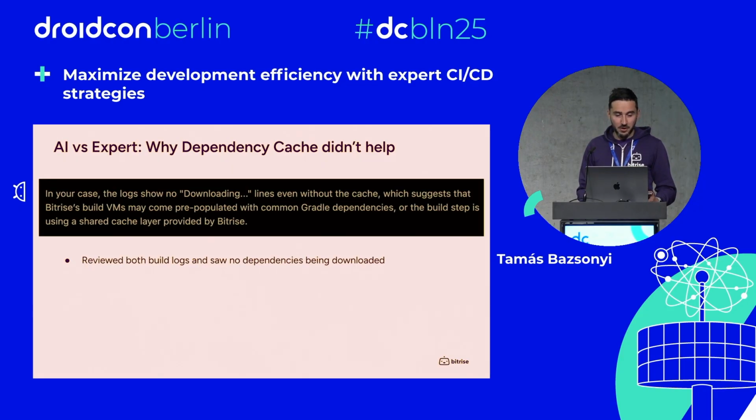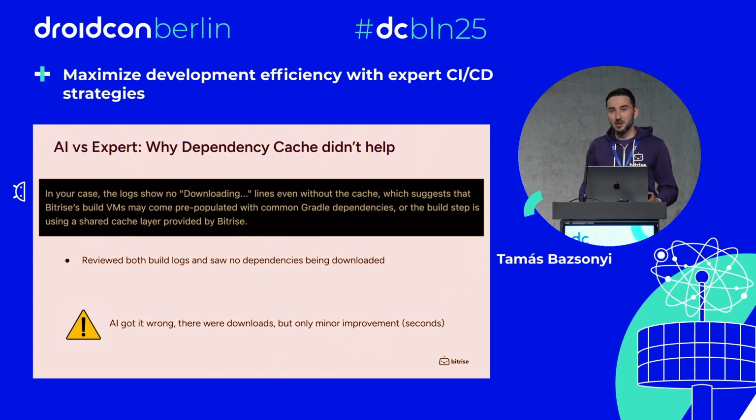And what we are getting as a result is that there weren't any dependency downloads during the execution, and this is causing the issue. If we look at the specific builds, we will see that there are dependency downloads in there. So I wanted to include this part just to give you a bit of a heads up that it's always good to double check what you are getting out of AI, even though it can be super helpful, but there can always be a bit of a hallucination in what AI says.